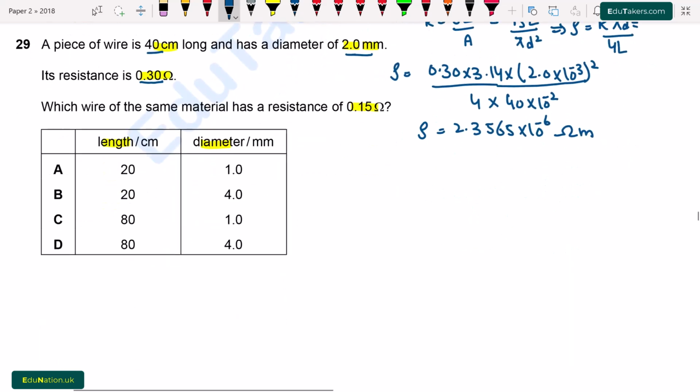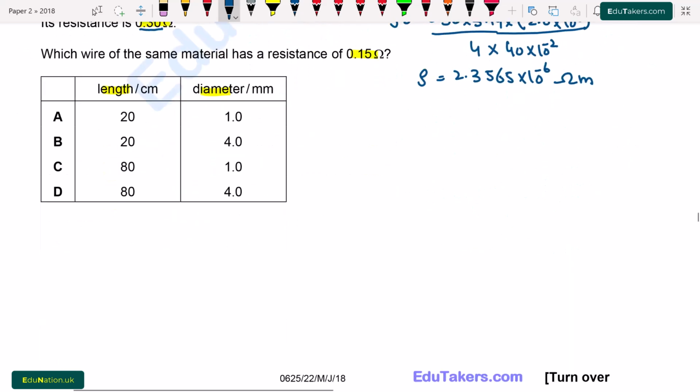Next, I use this value of resistivity to find out the resistance that is given in the options. So first of all, I consider option A and use formula R is equal to 4 resistivity length over pi d square. Now I am going to put values here. 4 multiplied by 2.3565 into 10 power minus 6 multiplied by length, which is 20 centimeter.